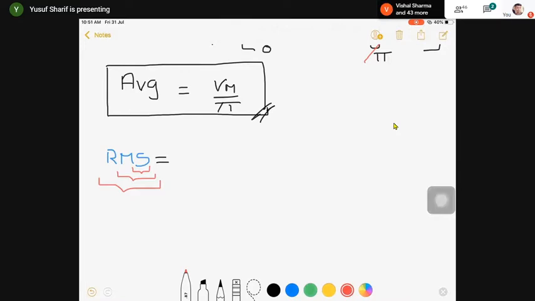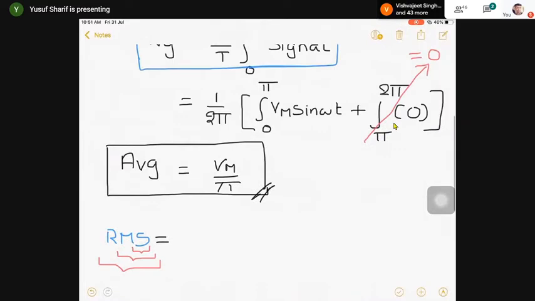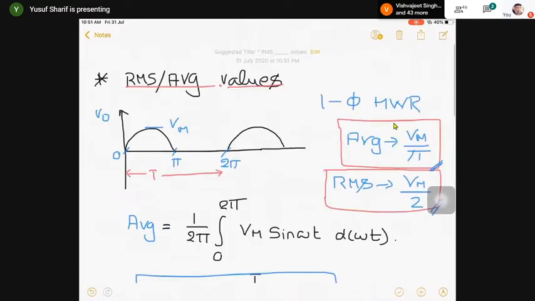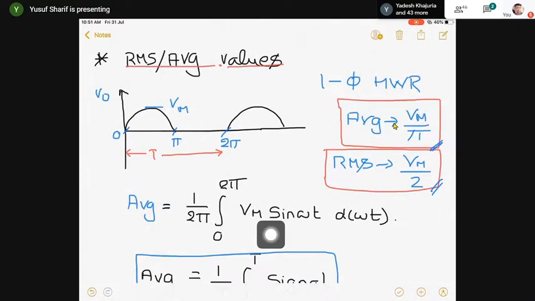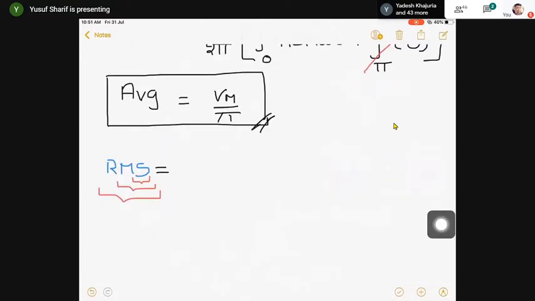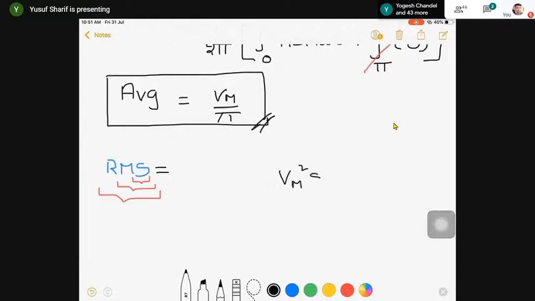Okay, so what is the signal function here? It is a sinusoidal function. The signal here is Vm sin omega t. So what is the first step that you need to do? You need to square that particular term, so it is Vm square sin square omega t.